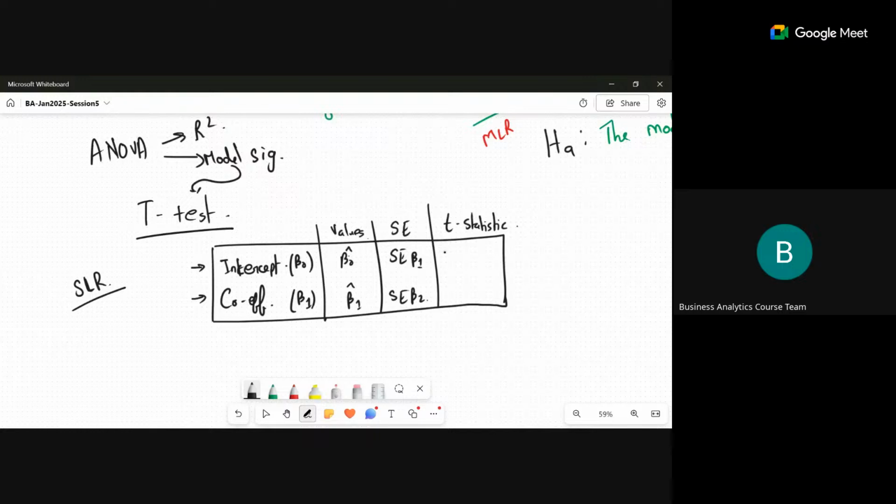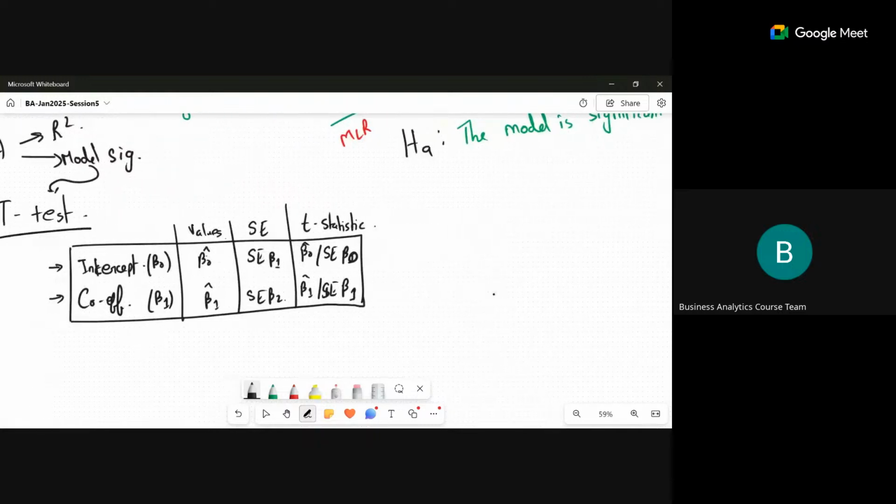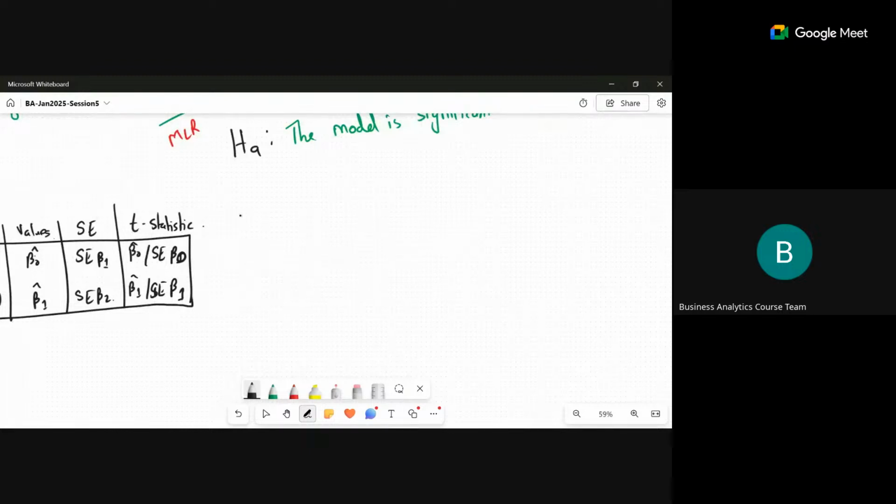The t statistic is nothing but beta 0 hat divided by its standard error, and beta 1 hat divided by its standard error. Super. Once you get a t statistic, it means it is a t-test.